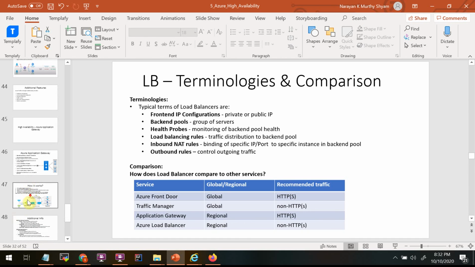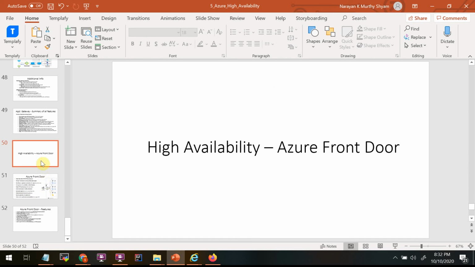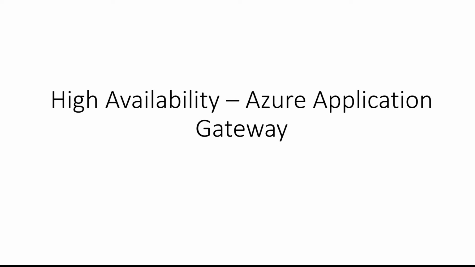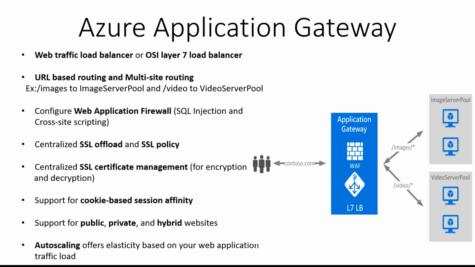This application gateway component is a pure web traffic load balancer, and it comes under OSI layer 7.